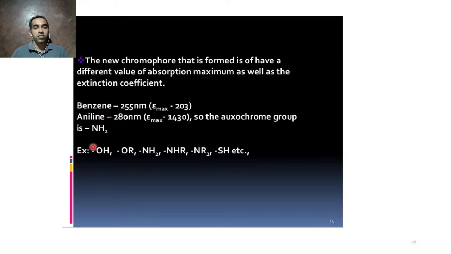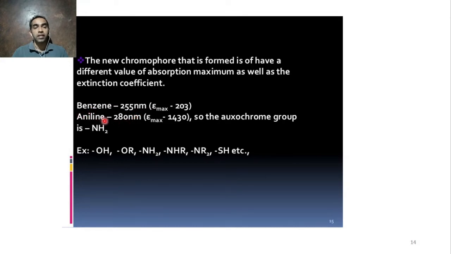Some examples: suppose you have aniline. In benzene, the double bond is the chromophore. Suppose we have aniline, now how do you say that this shift will take place? See the difference: in benzene, the chromophore present is the double bond and absorption is at 255 nanometer.